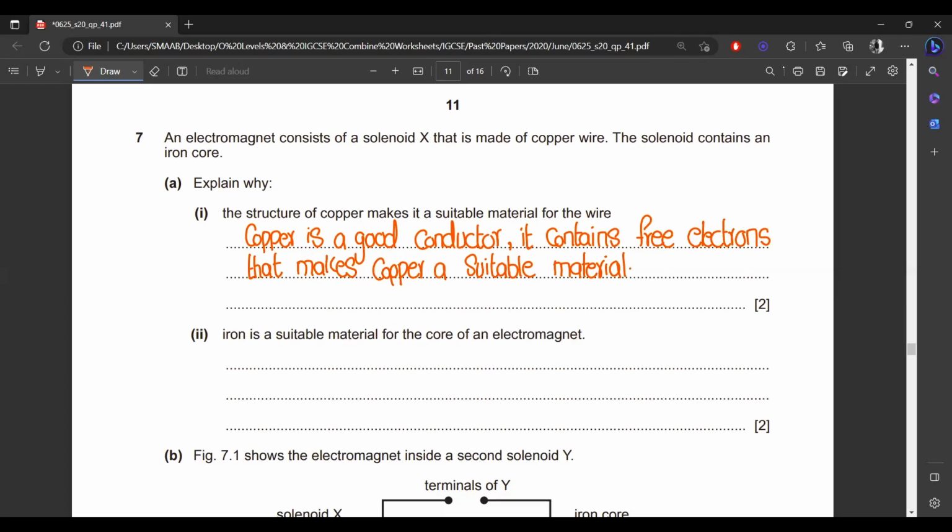So we can use it during both the magnetization and demagnetization process. So you need to write 2 points. The first one is iron can easily be magnetized and demagnetized.